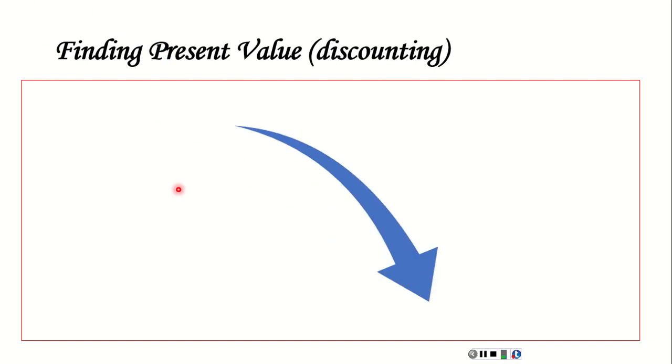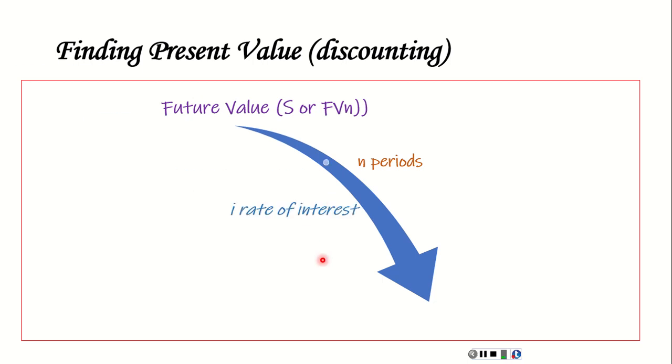If we expect to receive or pay a specific amount of money after a specific number of periods, and we want a specific rate of interest on money today, we can find how much this future value is worth today by finding the present value.